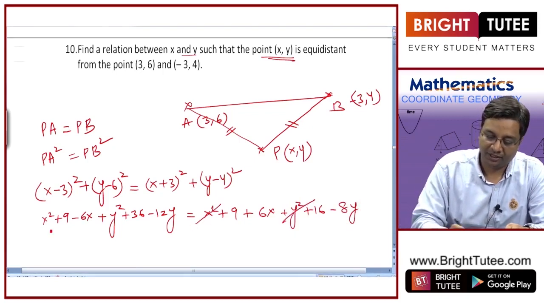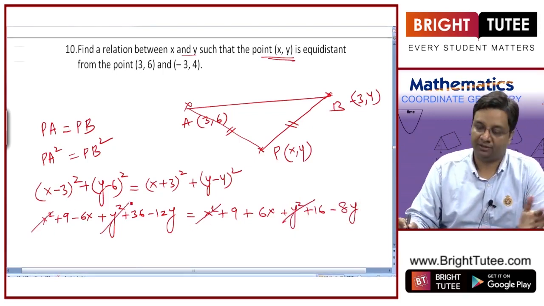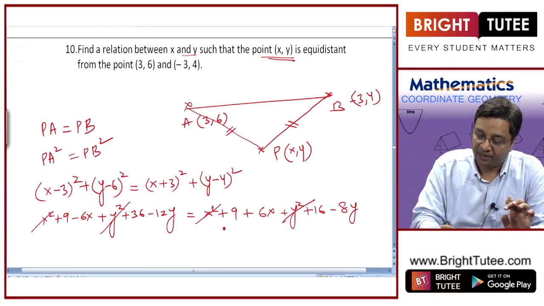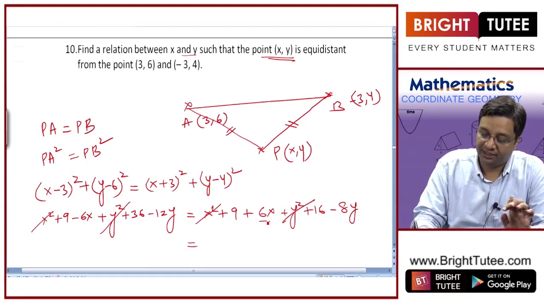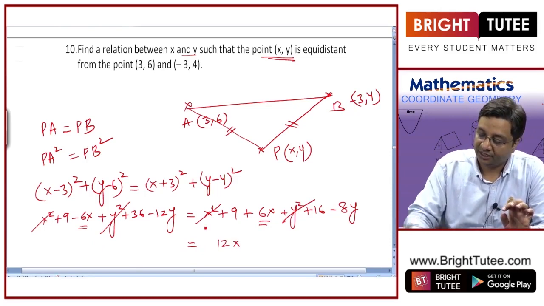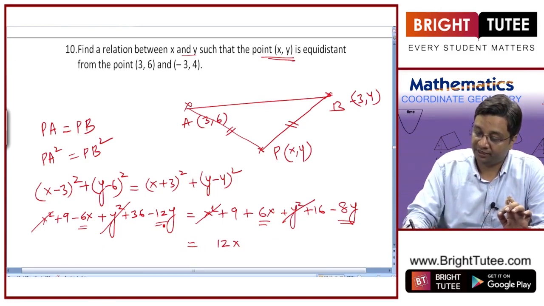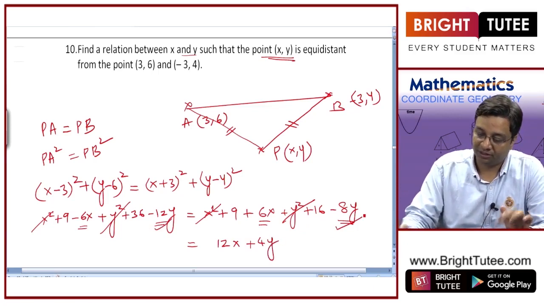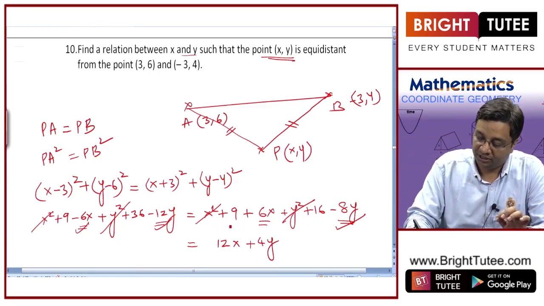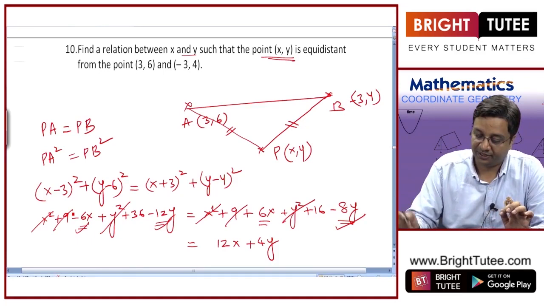x squared and y squared, x squared and y squared are gone. Okay, let's look at x. 6x and this minus 6x will become 12x. Minus 8y and this minus 12y will come on the right hand side as plus 12y. 12y minus 8y is plus 4y, right? So these two terms are calculated. 16 plus 9 is 25, so this 9 you can cancel here, right?